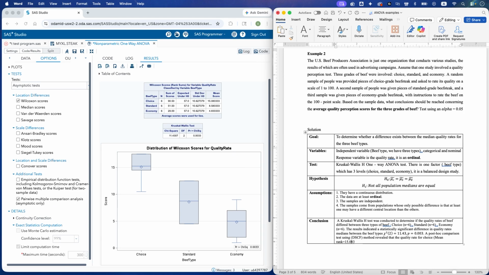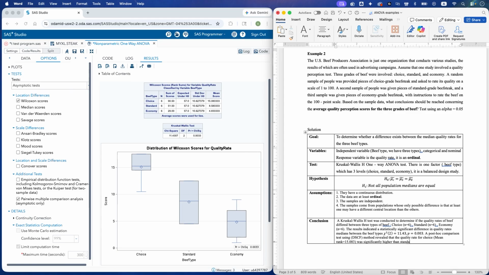Okay. And the quality rate of choice mean was significantly different from, actually, it was higher than the economy and standard.